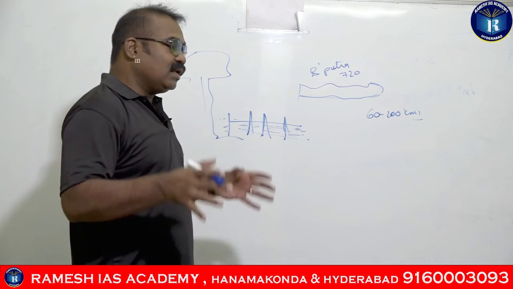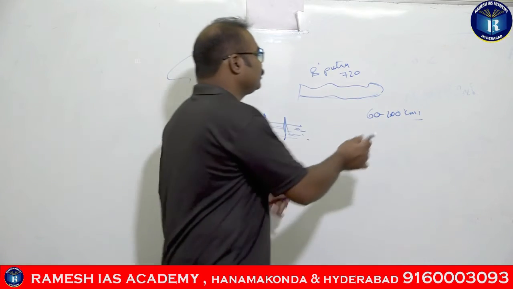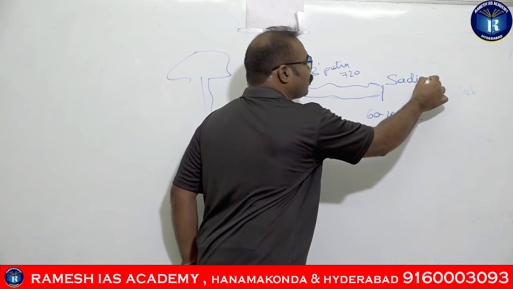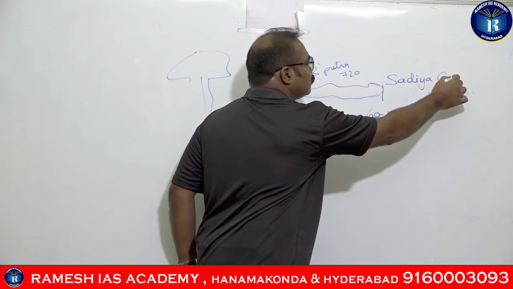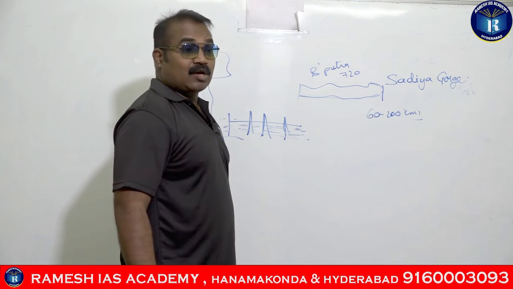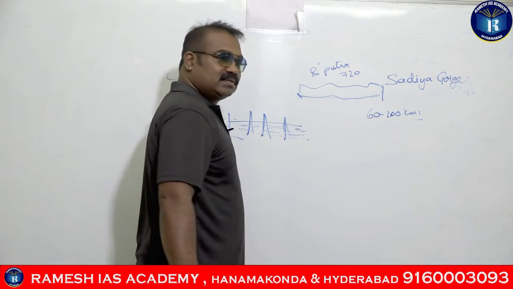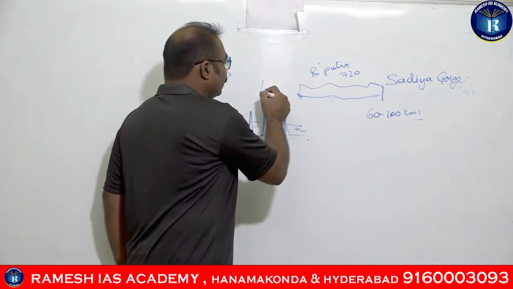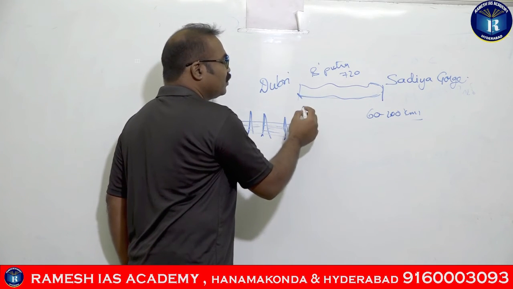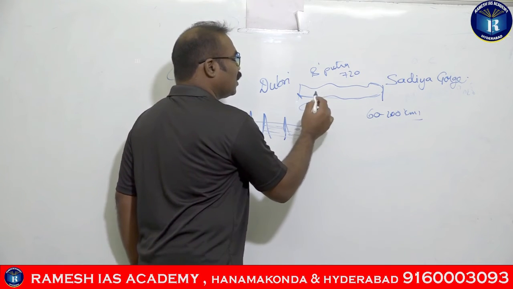The Assam Plains start from Sadia Gorge, and they end at Dubri, at the foothills of the Garo Hills.